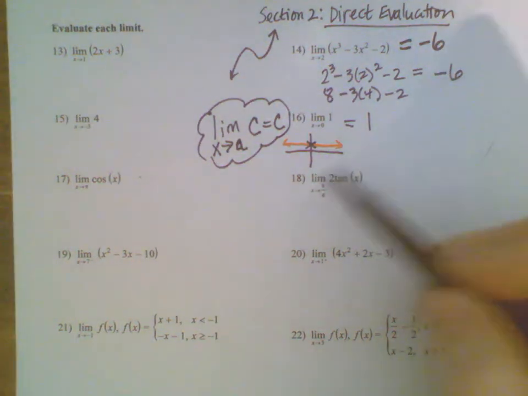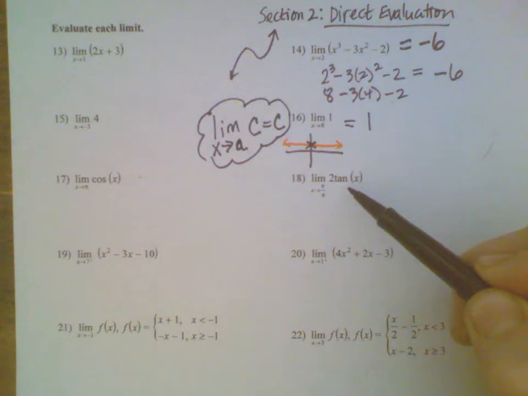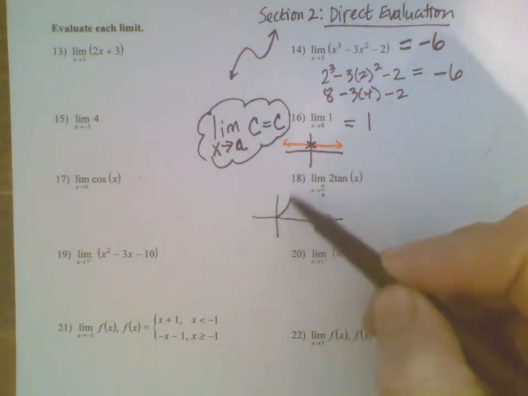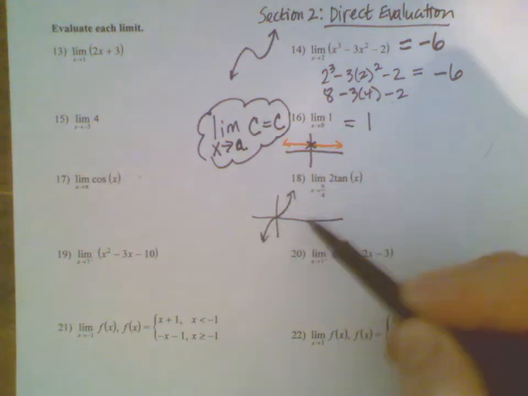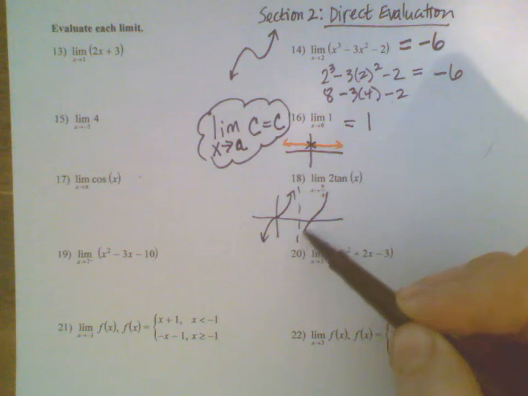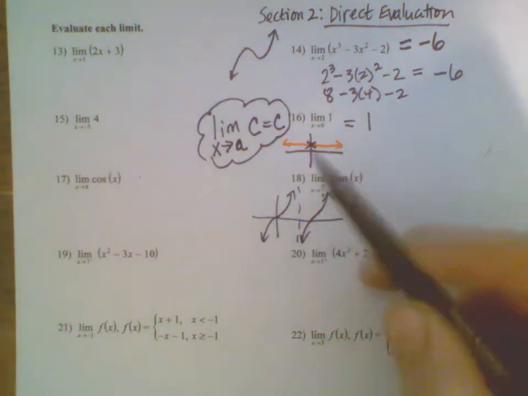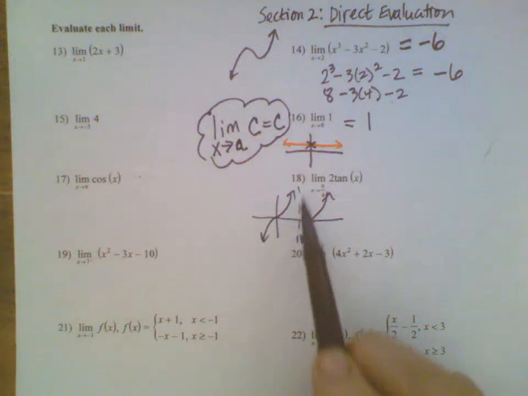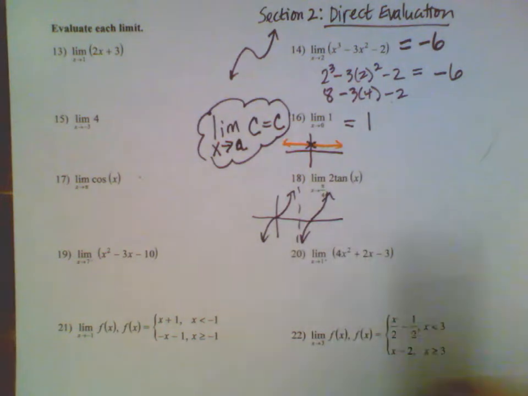Now, this one might bother some of us because we know what tangent looks like. Tangent looks like this, kind of. I'm just doing a quick sketch of the parent function of tangent. And this is not continuous. There is an asymptote here. In fact, there's infinitely many asymptotes if I continue this tangent graph forever.